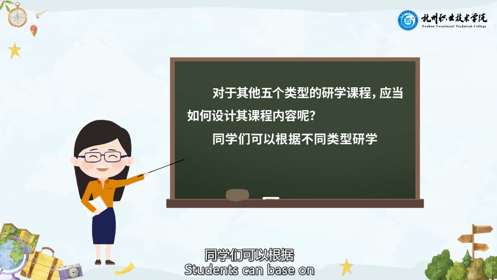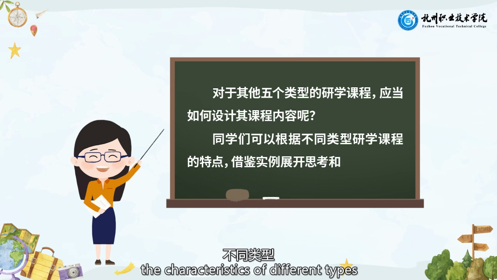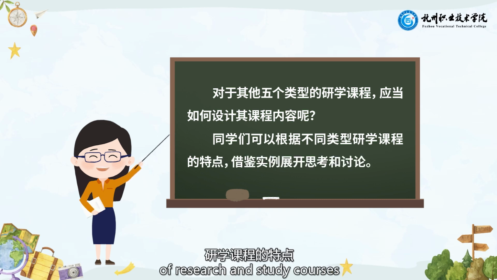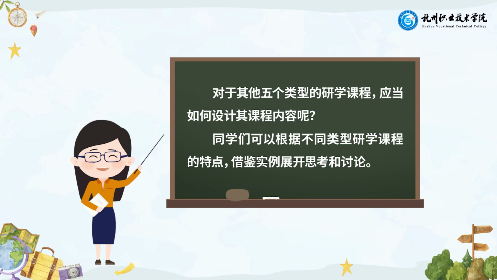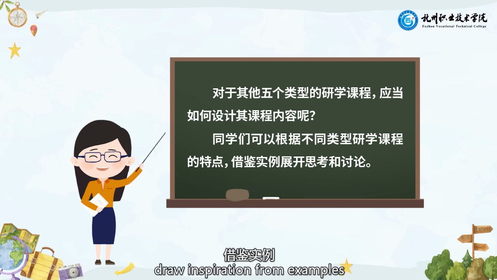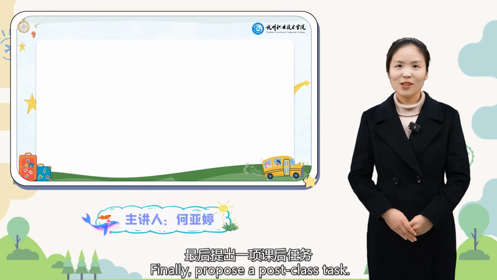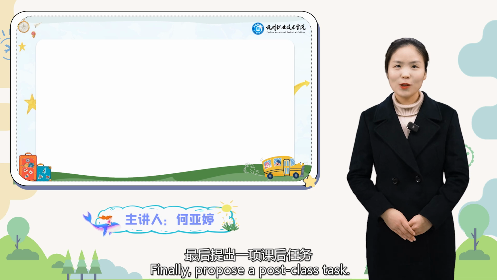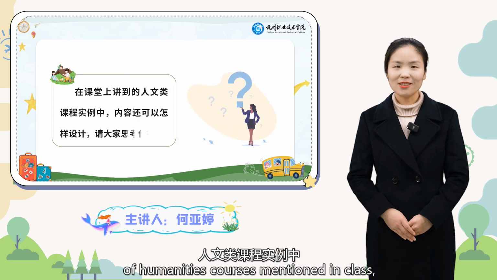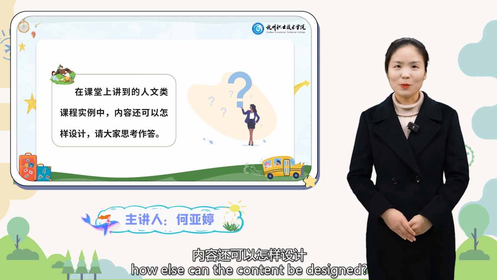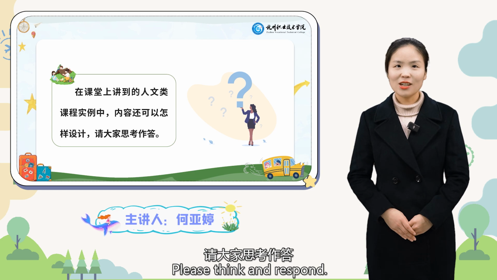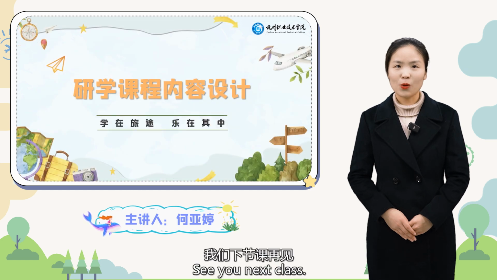Students can, based on the characteristics of different types of research and study courses, draw inspiration from examples and engage in thinking and discussion. Finally, a post-class task: for the example of the humanities course mentioned in class, how else can the content be designed? Please think and respond. See you next class.